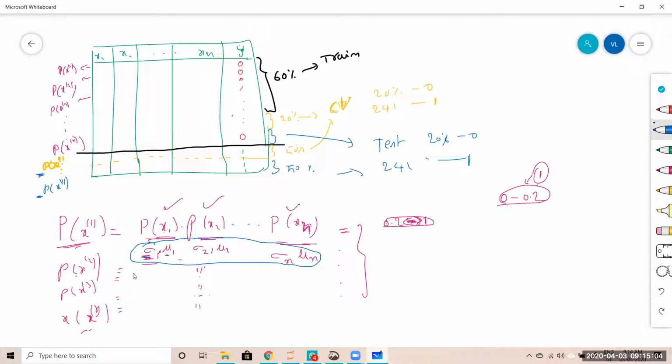Our goal is to calculate probabilities for each row on the train set, cross validation set and test set; for all rows we need to calculate probabilities. While calculating probabilities on the train set, I calculated the standard deviation and mean, and calculated probability. That's fine.